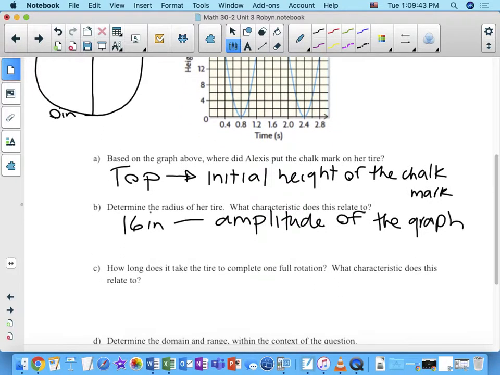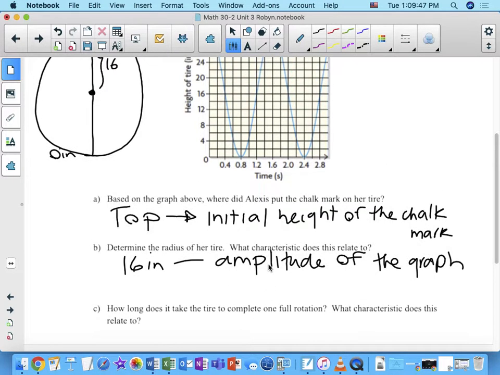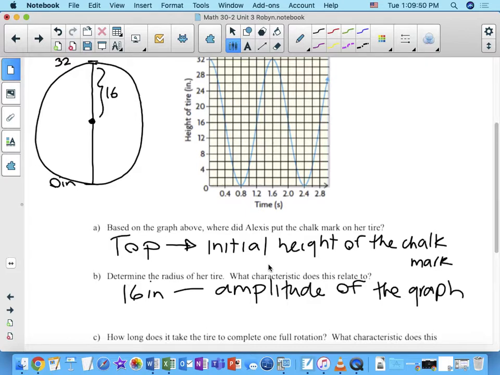Okay, how long does it take for the tire to complete one full rotation? How long does that take? 1.6 seconds. Yeah, so top to top, that is 1.6 seconds. And that's the period.